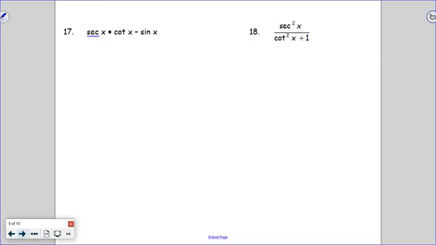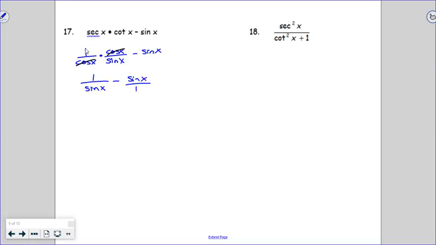Number 17, first thing I did was started by rewriting everything in terms of sines and cosines. Secant being 1 over cosine x, cotangent, cosine over sine. And that simplifies my first term, again, order of operations, so I would multiply first. I can cross off my cosines top and bottom, and we'd be looking at 1 over sine x minus sine x.